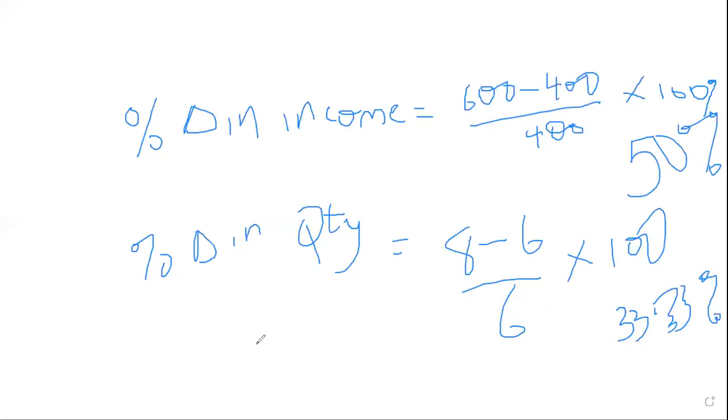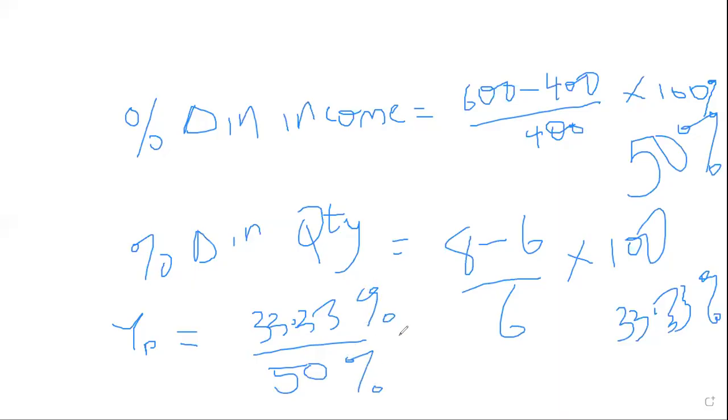So you know that income elasticity will be equal to the percentage change in quantity, which is 33.33, divided by 50%. And the answer, I think, will be 0.66 if you do your calculations well.